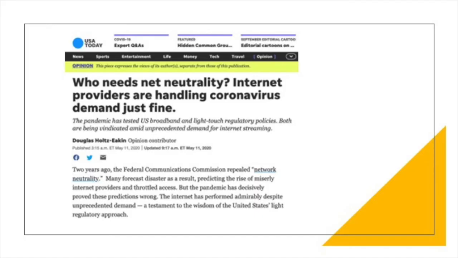Consider the COVID-19 pandemic, when internet traffic surged as people worked and learned from home. ISPs managed this increased demand effectively, prioritizing essential services like video conferencing over less critical stuff like video games. Such flexibility would have been hindered by strict net neutrality rules.